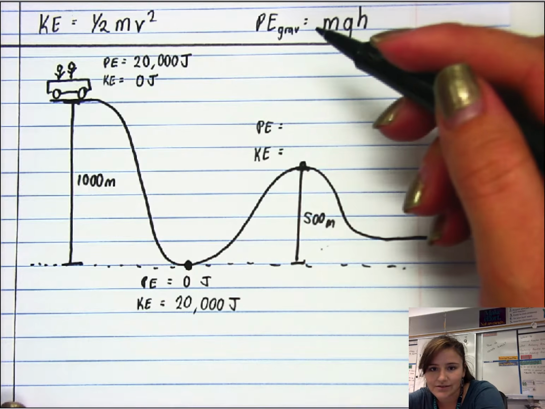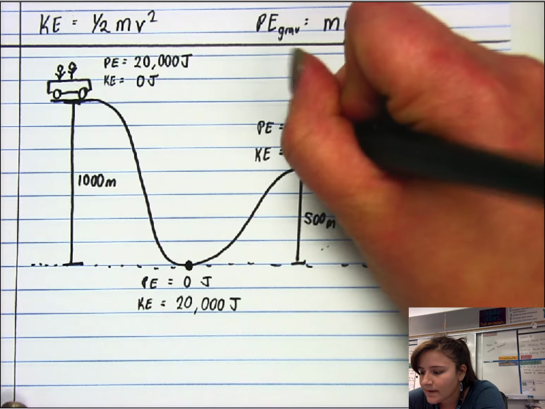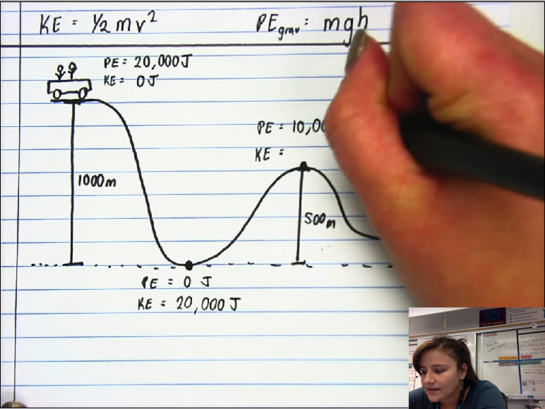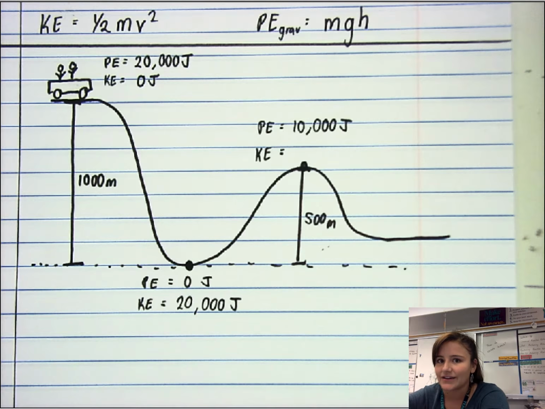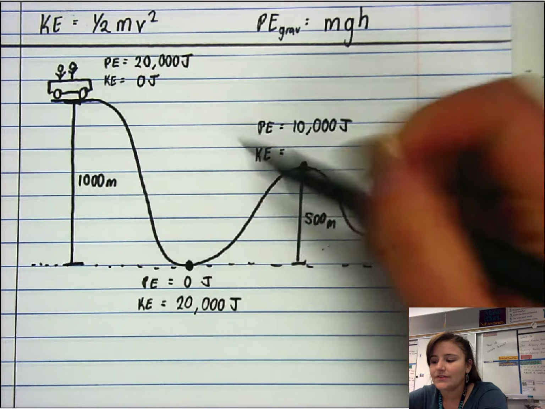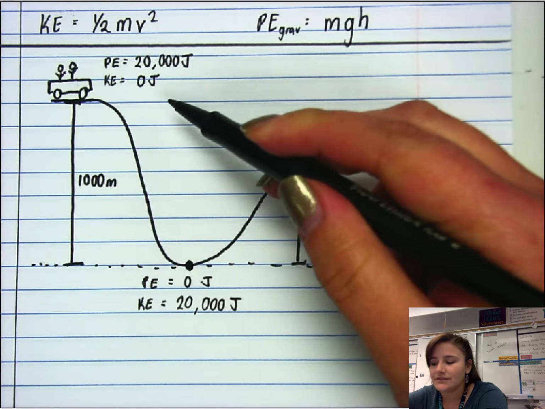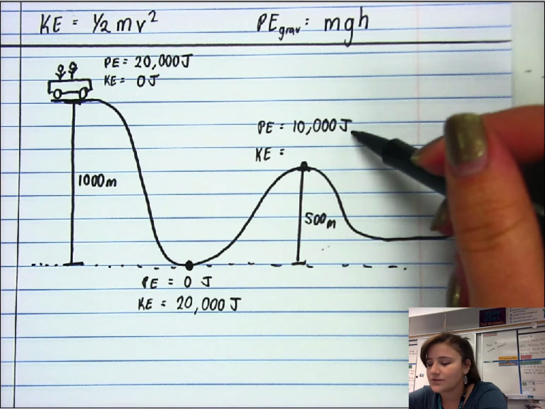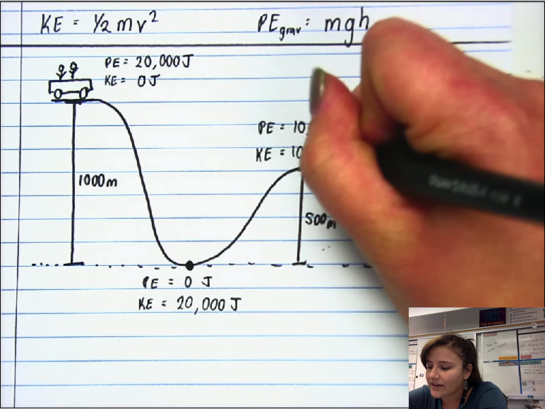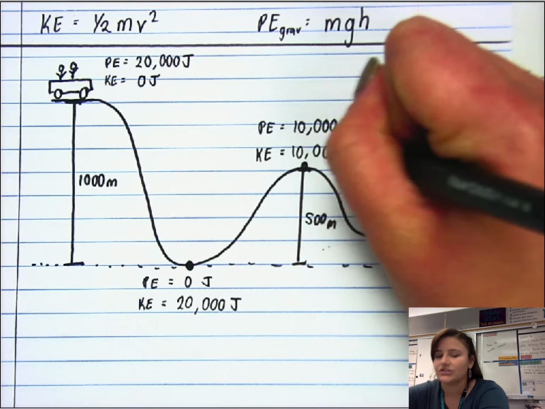Instead of being 20,000 joules, we divide it by 2, and it is 10,000 joules. But what about the kinetic energy? Well, the total energy still has to be 20,000. So if the potential energy is 10,000 joules, the other half of it is kinetic energy.